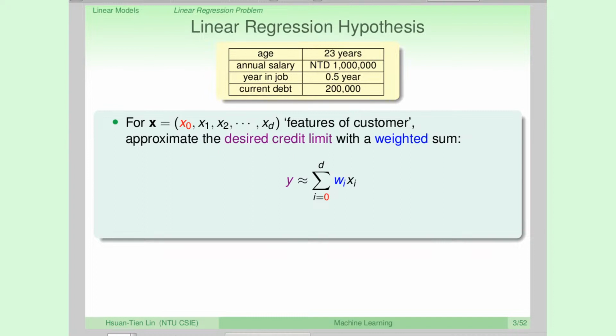The weighted sum can mean how important each factor is in terms of getting into the credit limit approximation. So we want the y, the desired credit limit that we want to output, to be close to a linear combination of those feature vectors, and the combination weights are our good friend w here that we want the machine to learn.